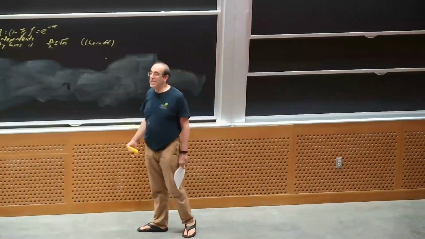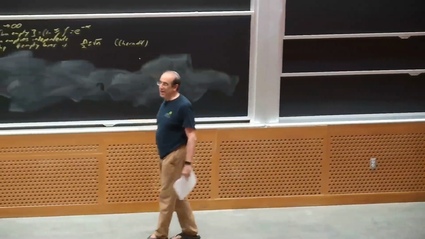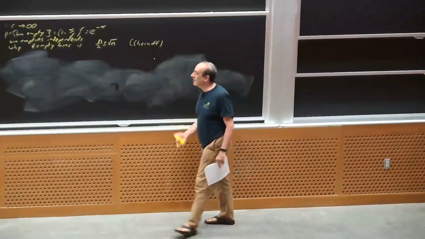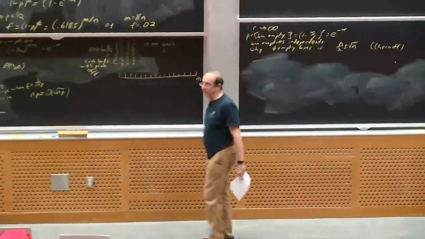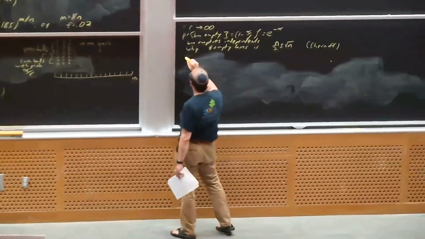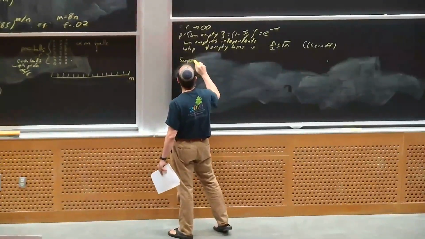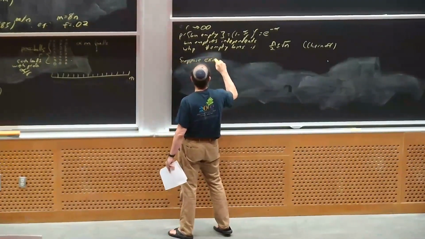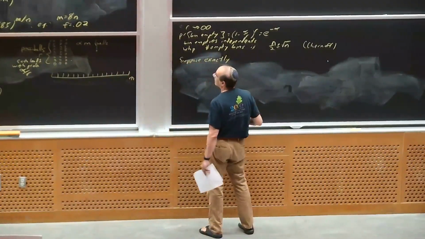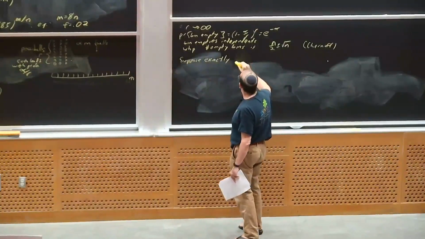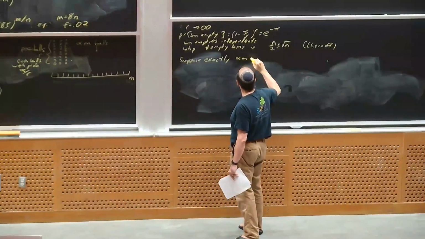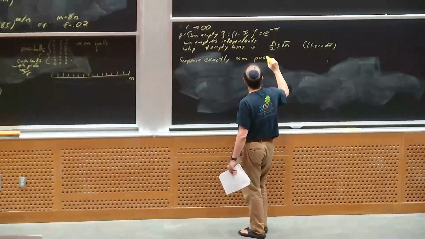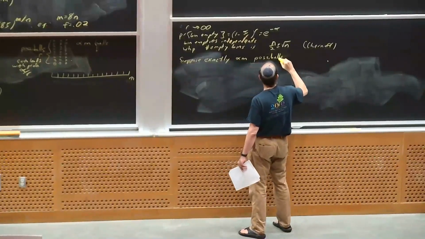Now what I'm going to do is connect this back to the original experiment. So suppose that exactly alpha m possiballs materialize.